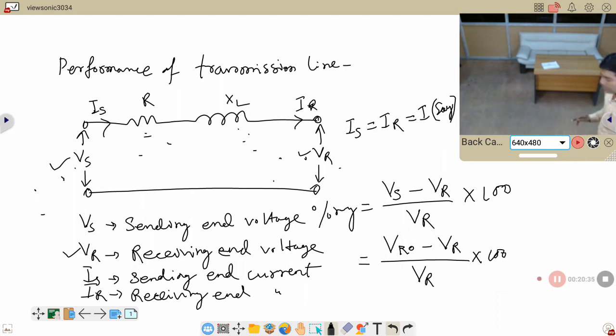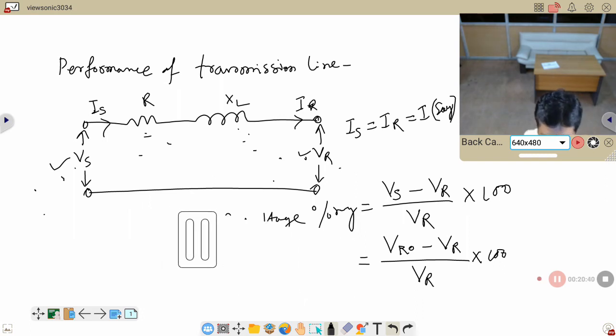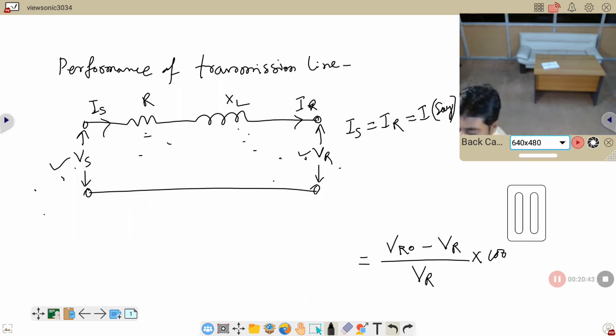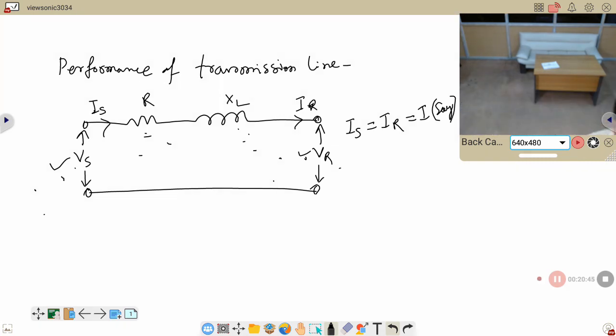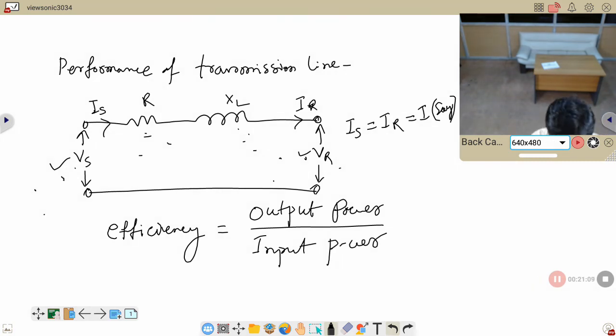Efficiency means output power to the input power. What is the output power from here?